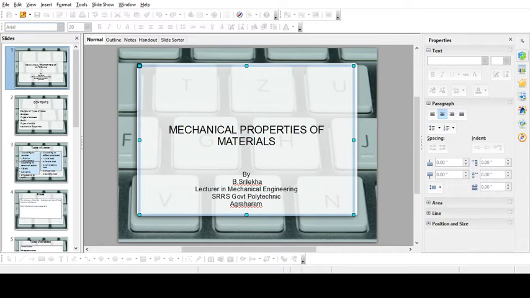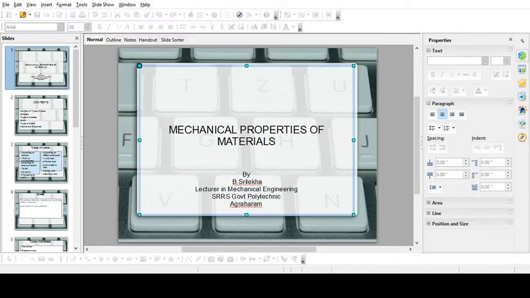Next is compressive stress. This is also an axial load, but opposite to the tensile load. This axial load will try to compress the body. It is something like pushing from the two sides. When you push a duster from the two sides, its length decreases.